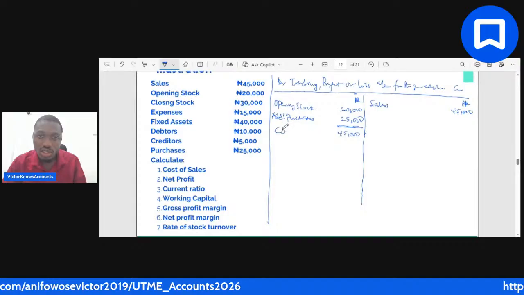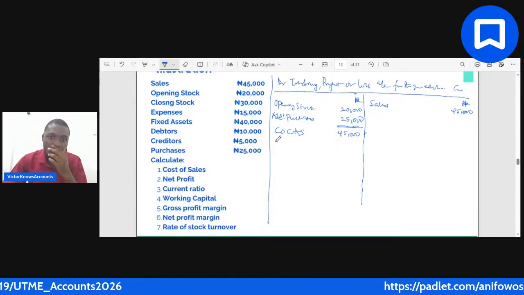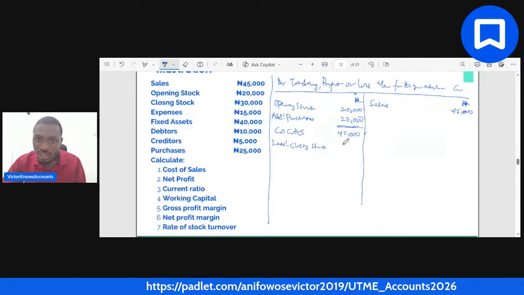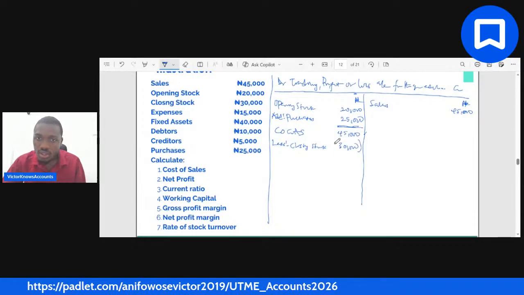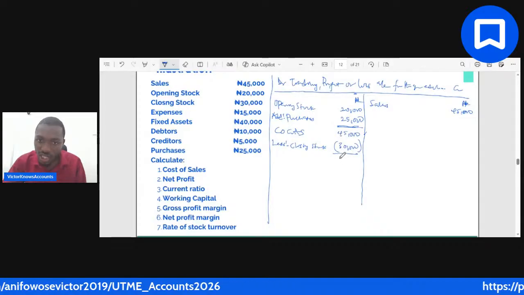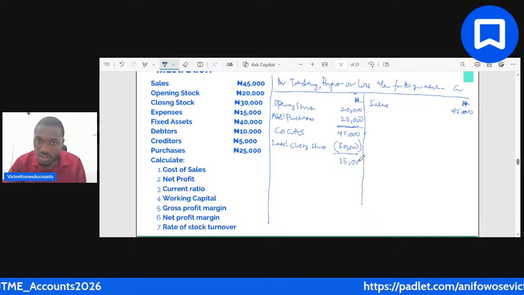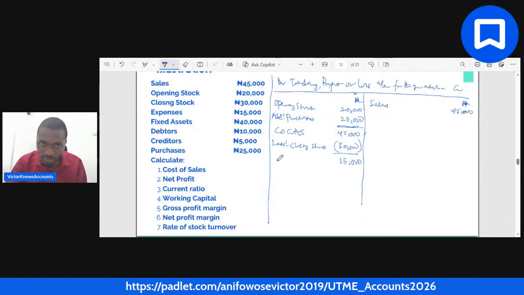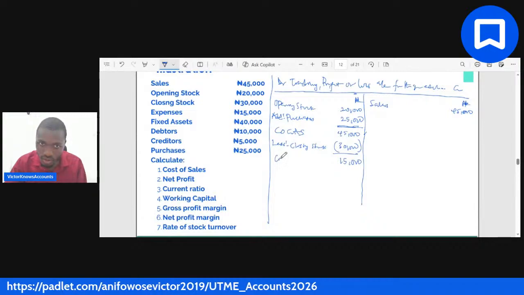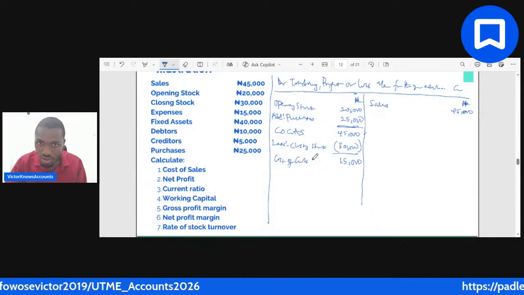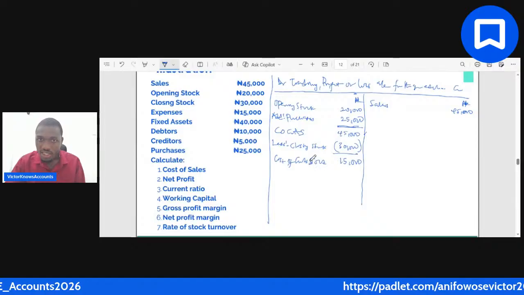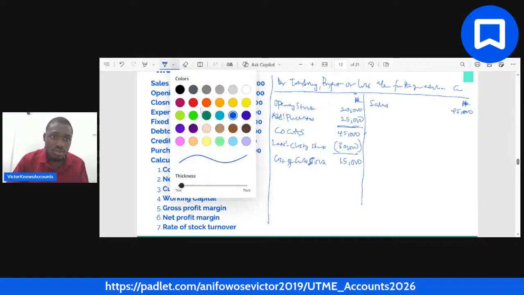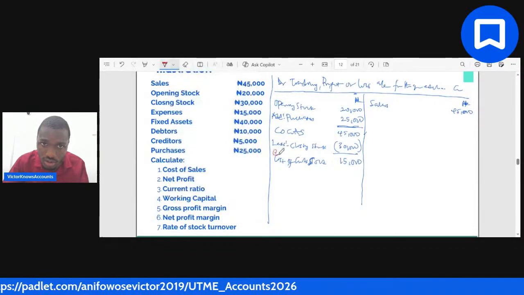Let me just call it COGAS, cost of goods available for sales. Then we say less closing stock. Closing stock is 30,000 naira. So 45,000 minus 30,000 gives you 15,000 naira. So this 15,000 naira is your what? Cost of goods sold. And don't forget, another name for cost of goods sold is cost of sales. So you have gotten number one. Let me tick it. I'll say number one.